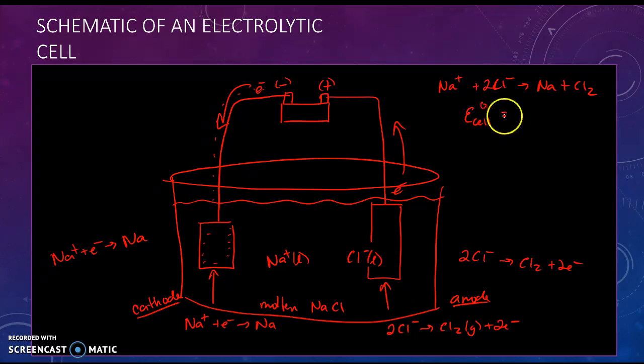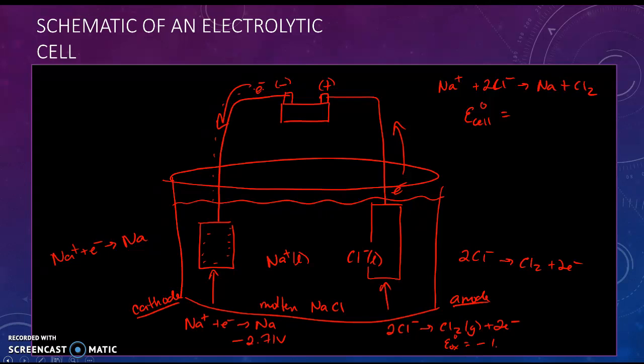So you can say, okay, this reduction potential for sodium is going to be negative 2.71 volts. And for the chloride, I'm going to call this the oxidation potential. If you look at the reduction potential around backwards, it's going to be negative.